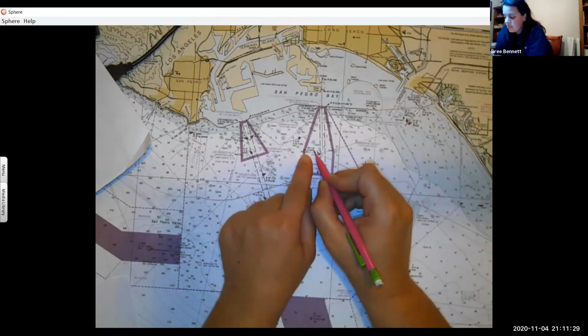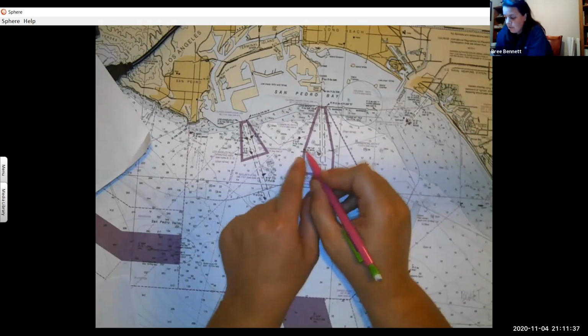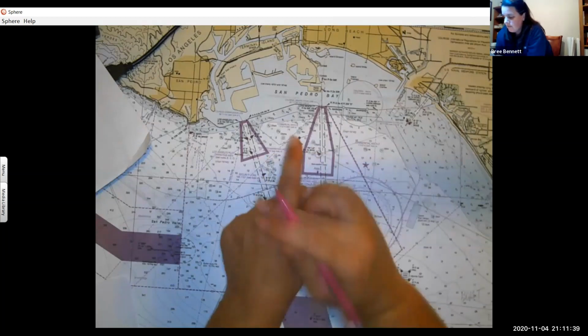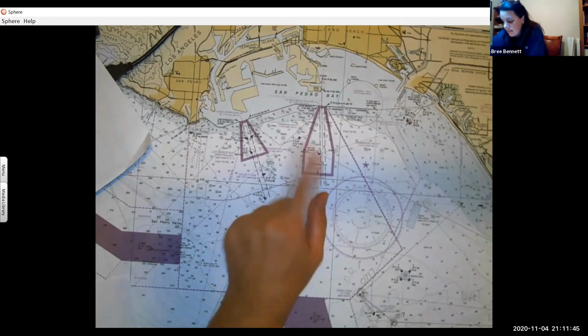It also has a whistle, it also has a Raycon, and it has AIS. We should be able to spot that buoy if we have AIS, if we have radar, and hopefully we can see it. So pretty apparent there.